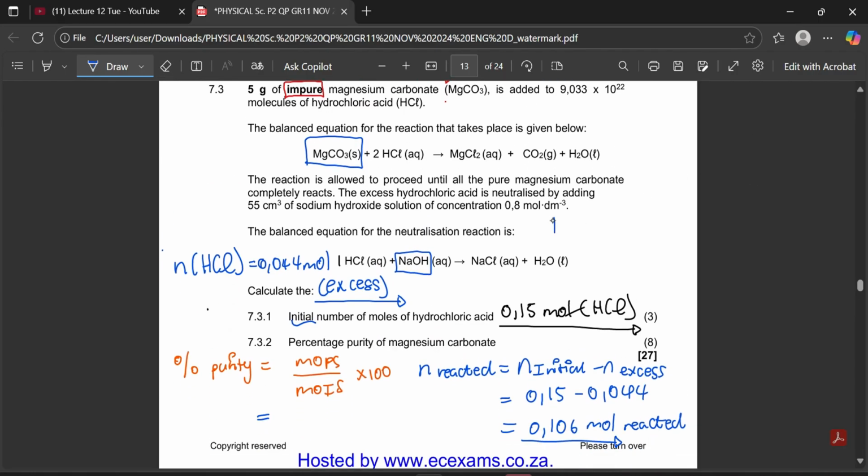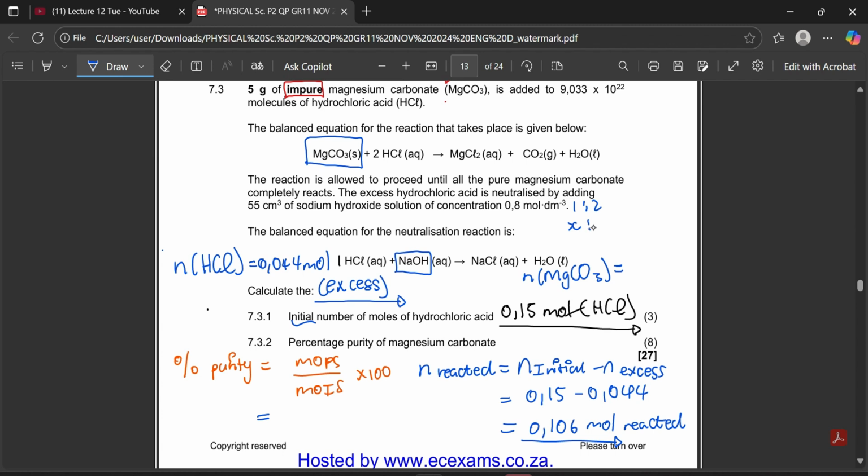For every 1 mole of magnesium carbonate, I react 2 moles of HCl. So it's 1 is to 2.